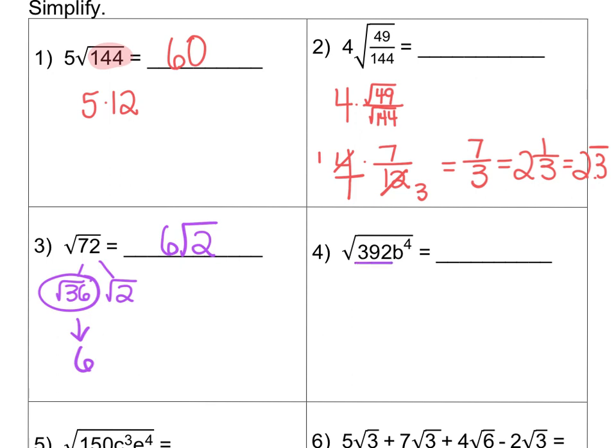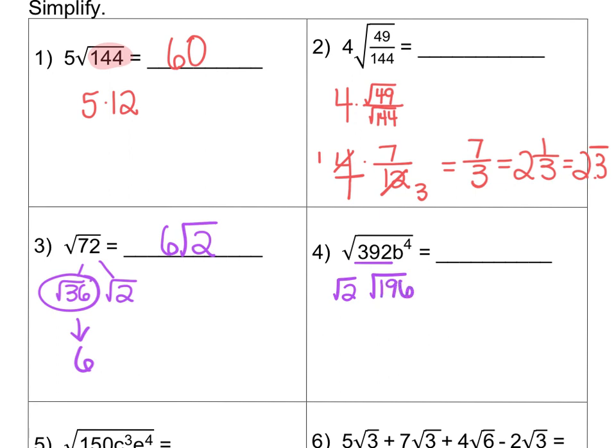So this 392 would be a great one to plug into your y equals and look at the table of factors. But the first thing I would look at is it's even, so I'm going to try to divide it by 2. And it does break into the square root of 2 and the square root of 196.